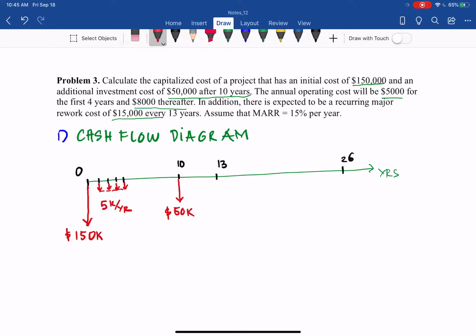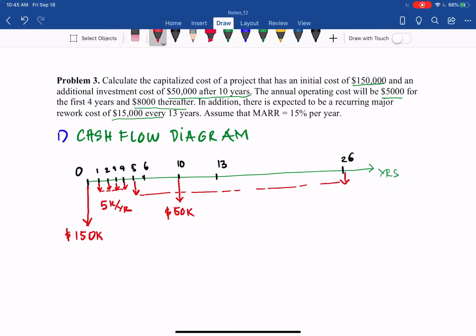And 8,000 thereafter. So you have 1, 2, 3, 4, 5. Start year 5, we have 8,000 thereafter. So keep continuing until infinity. We have 6, etc. So that keeps going, 8,000 forever.